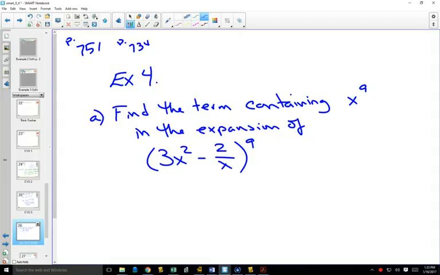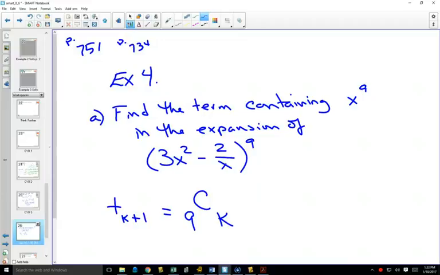Okay? Now, since we can look at the exponent, we can use the formula. So our formula says that any term is going to be 9 choose k, and k is 1 less than the term, but unfortunately we don't know what the term is. So we don't know what k is yet.